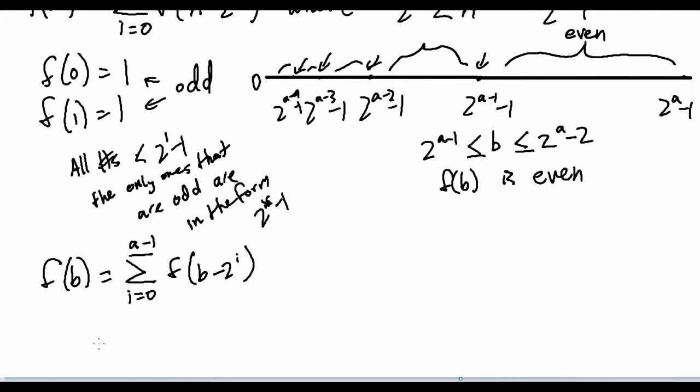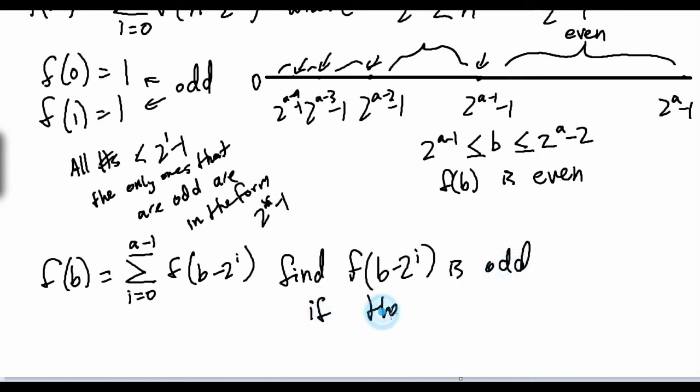So let's find out how many elements in this thing are odd. Let's find the odd elements for where F(b minus 2 to the i) is odd.